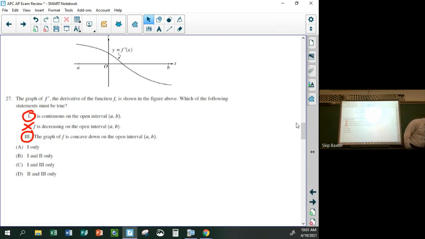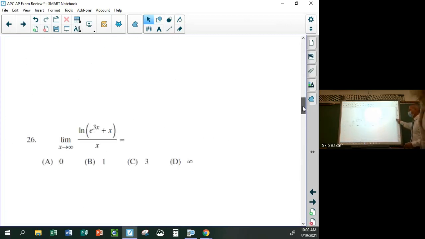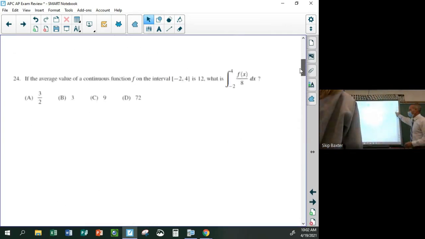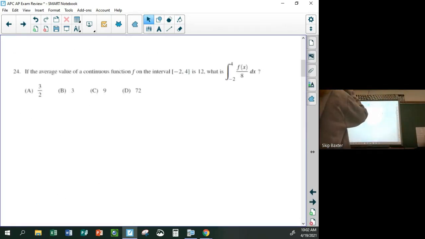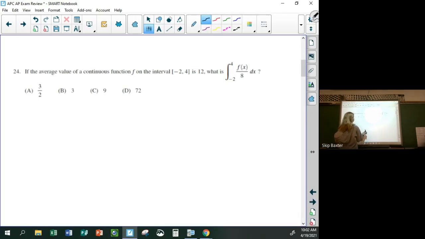Okay, so next is Maggie. 24. Okay. So if the average value of a continuous function is 12, then what is that integral equal to?